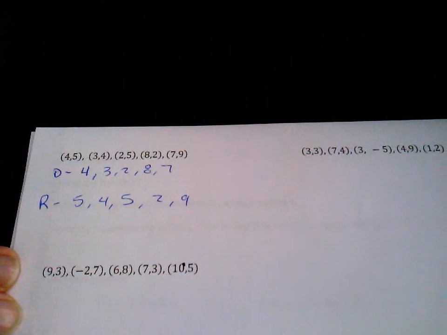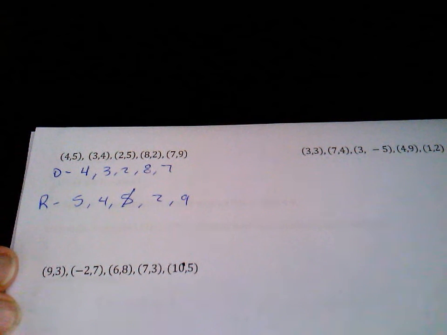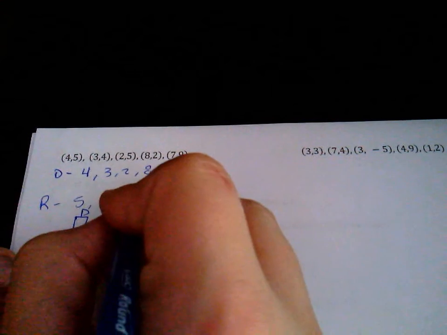Range is 5, 4, 5, 2, 9. In the range, the 5s repeat, so we're going to cross out one of the 5s. We don't care about that. And then we're going to make 2 little boxes. One for the domain, one for the range.